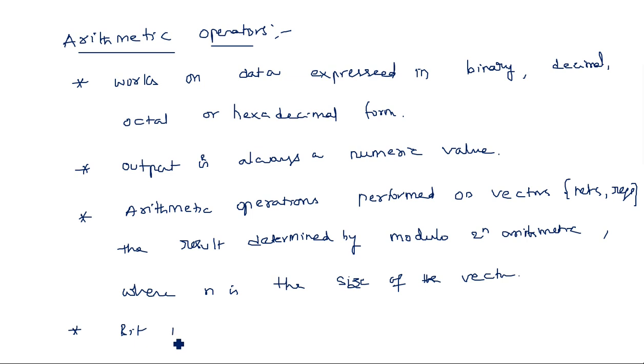Bit pattern is stored in registers in unsigned form. A negative value is stored in 2's complement form, as I said.